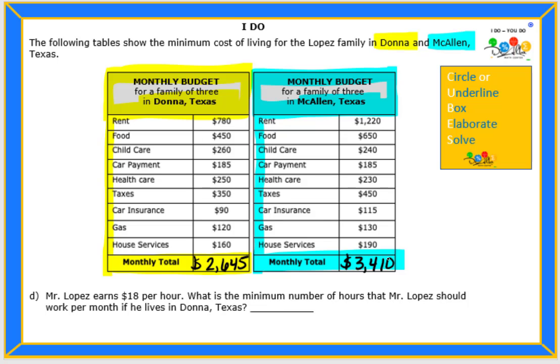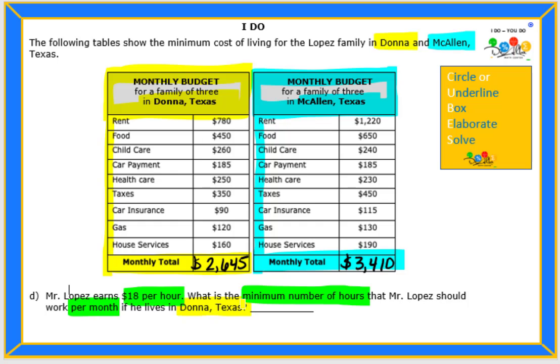So now let's look at the question that's being asked for us here. The question says Mr. Lopez earns $18 per hour. What is the minimum number of hours that Mr. Lopez should work per month if he lives in Donna, Texas?